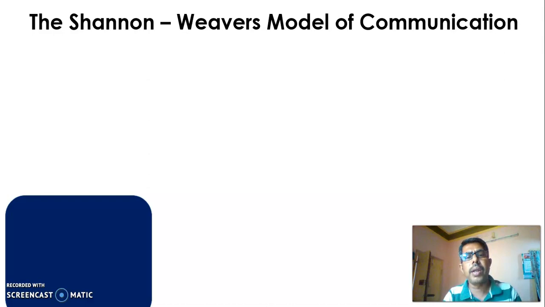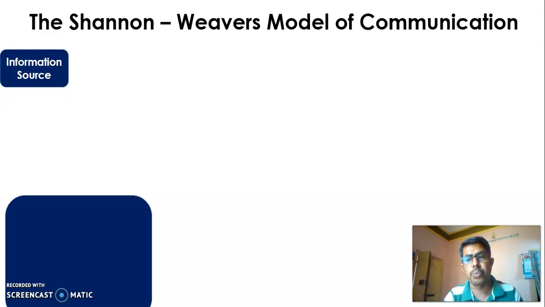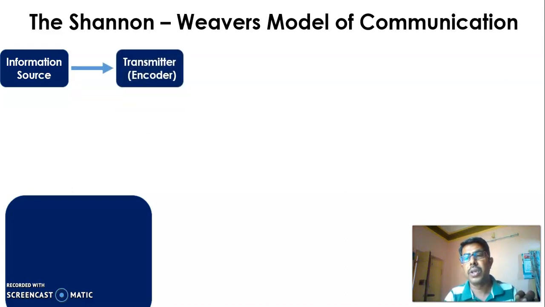Another important model is proposed by Shannon and Weaver. We call it Shannon and Weaver's or the mathematical model of communication because it is something like a graph. They propose that the information source communicates to a transmitter.